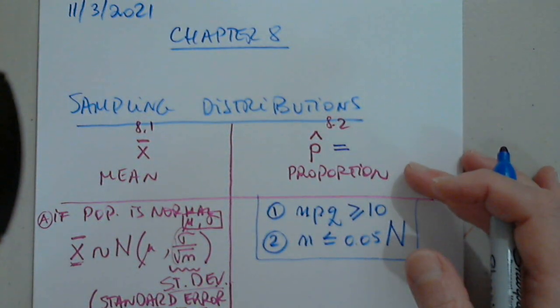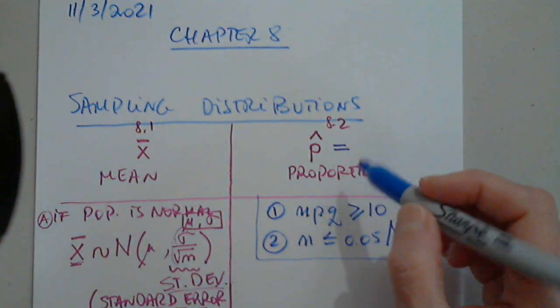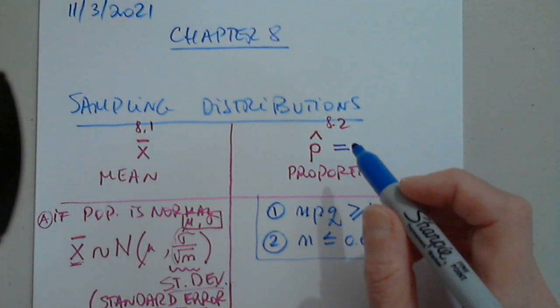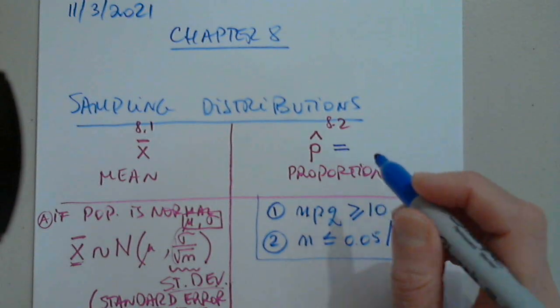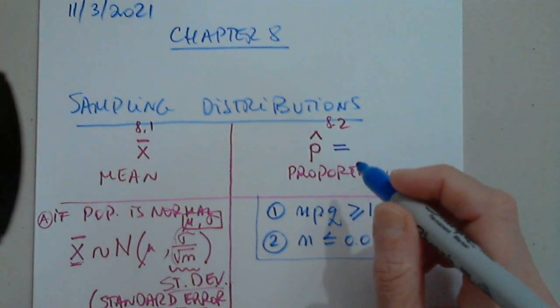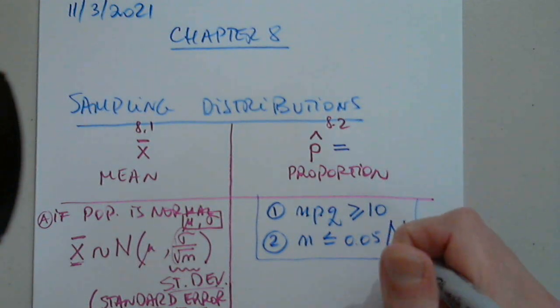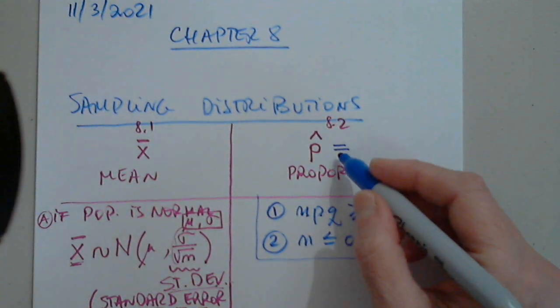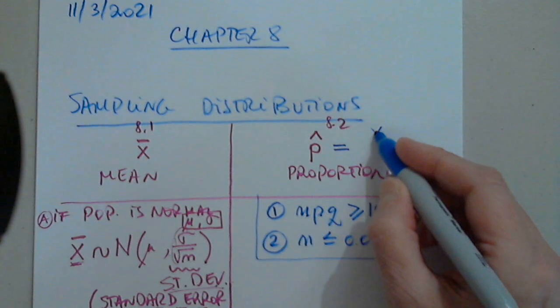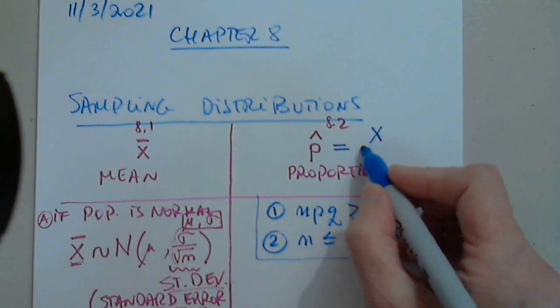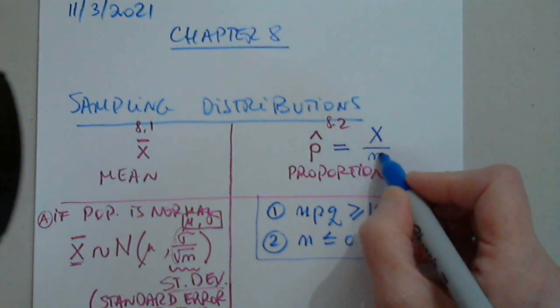Let's say I'm trying to find the parameter, the proportion of people with dark eyes in the entire population. So I select the sample, and I see that I have X number of people with dark eyes, let's say brown, black eyes, over the sample size.